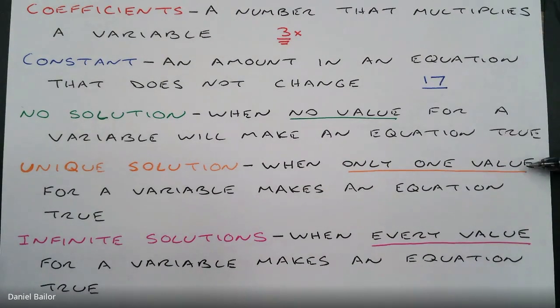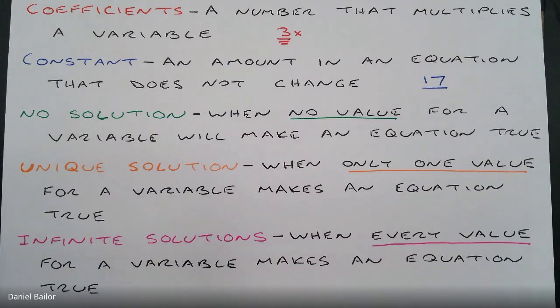Unique solution, only one value can make the equation true. Infinite solution, every value makes the equation true. So those are the 5 vocabulary words: coefficients, constant, no solution, unique solution, and infinite solutions. We're going to use those ideas today, and remember we're talking about classification of solutions.